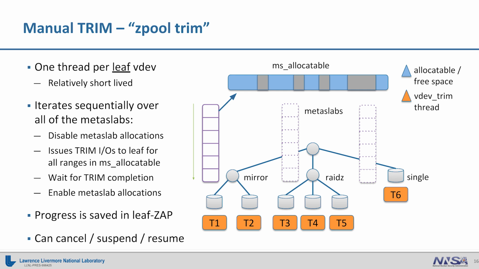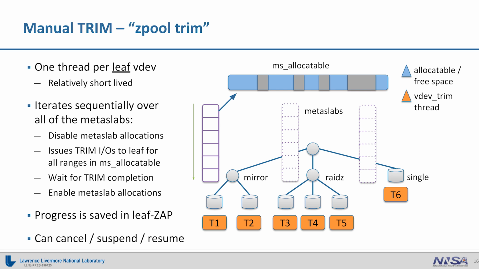So putting that all together, this is what it looks like from an architecture standpoint. When you issue a zpool trim, we're going to spawn one thread per leaf VDEV. These are the orange boxes here at the bottom. These threads are relatively short-lived, and they're going to make one single pass over the metaslabs.